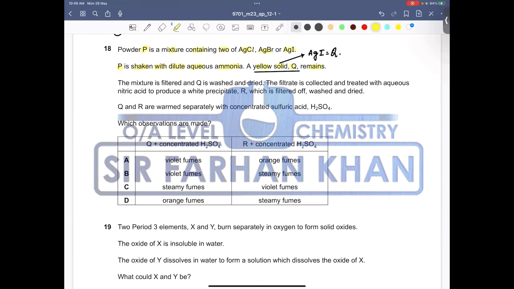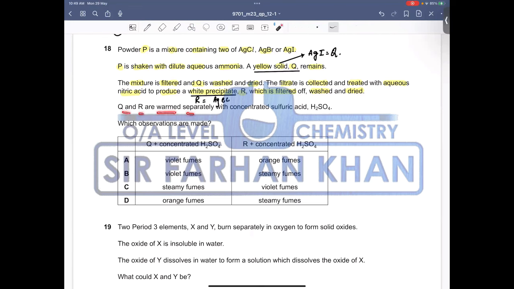The mixture is filtered and Q was washed and dried. The filtrate is collected and treated with aqueous nitric acid to produce a white precipitate R, which is filtered off, washed, and dried. This white precipitate indicates that R is basically AgCl.